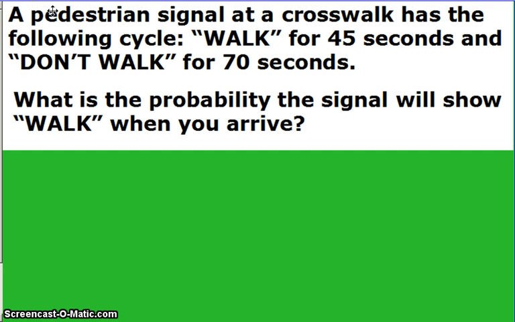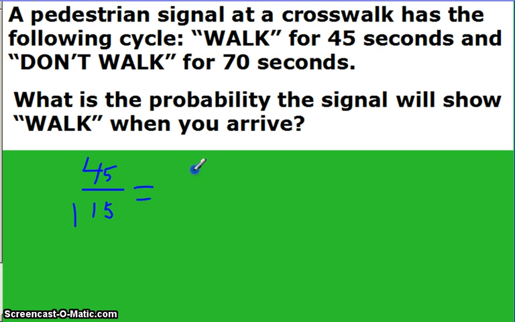Alright, we got a signal at the crosswalk that has the following cycle. It says walk for 45 seconds and don't walk for another 70 seconds. What is the probability that the signal will show walk when you arrive? Well, the favorable would be the 45 seconds that it says walk, not over the 70, but over the total when we add the two, 115.